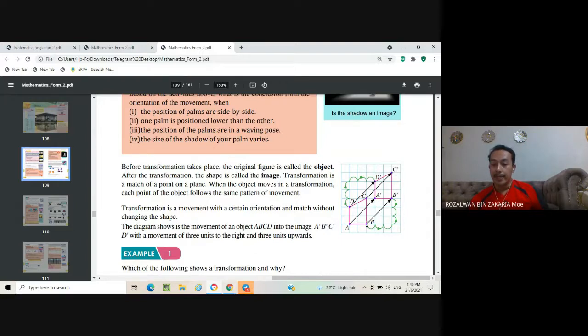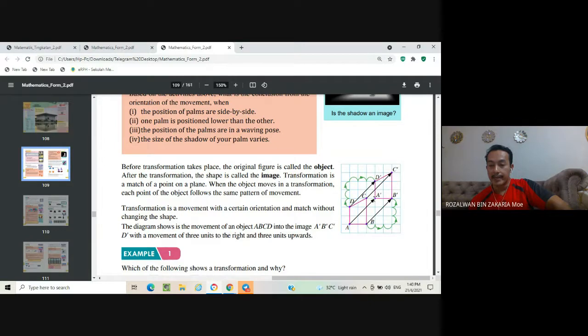Then point B here. You can do it as before. Starting at point B, move 3 units upward: 1, 2, 3, then 3 units to the right: 1, 2, 3. So this one is B prime. Then the last one, the image of the object at point A. The movement is 3 units upward: 1, 2, 3, then 3 units to the right: 1, 2, 3.